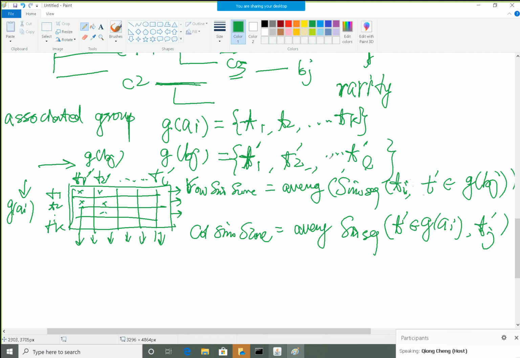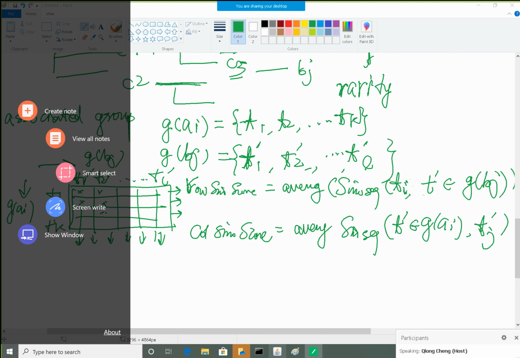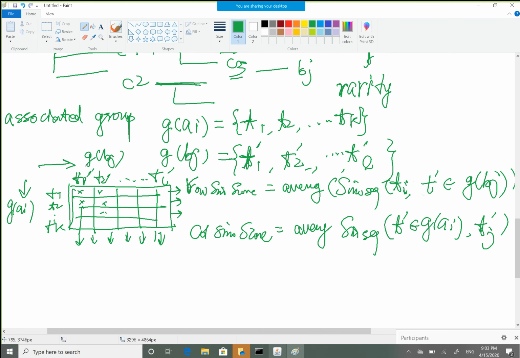So this is TJ prime, and this is the Ti row, for example. In such a case, this is the row similarity score.